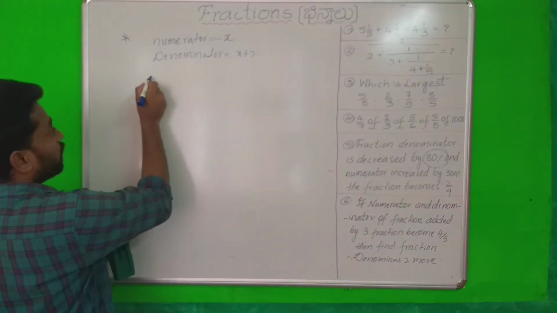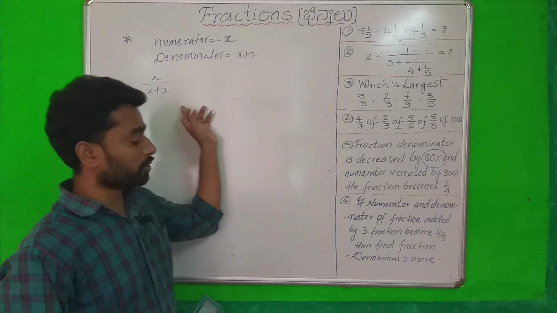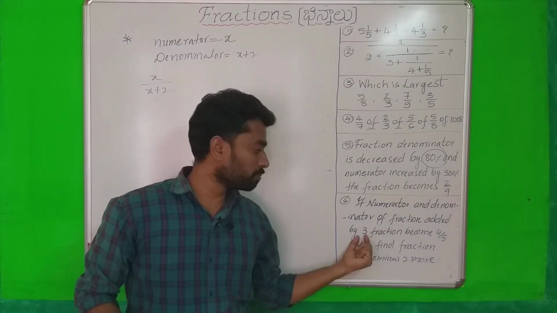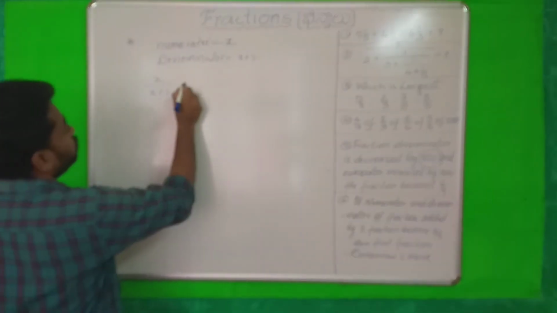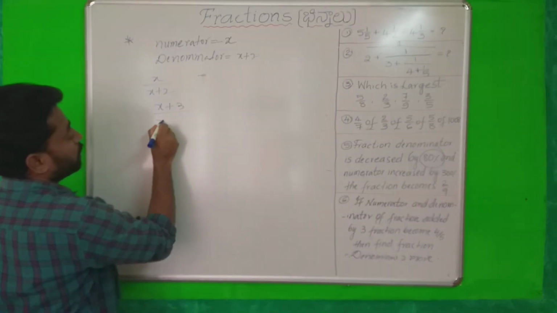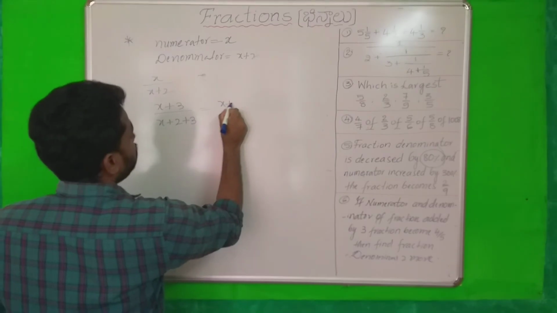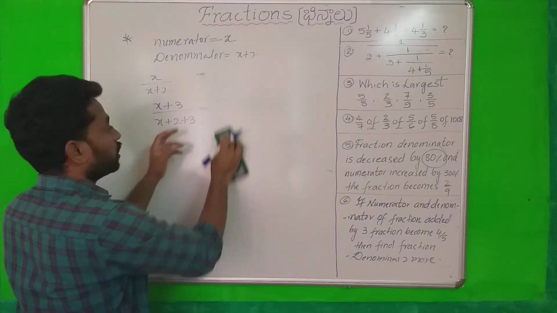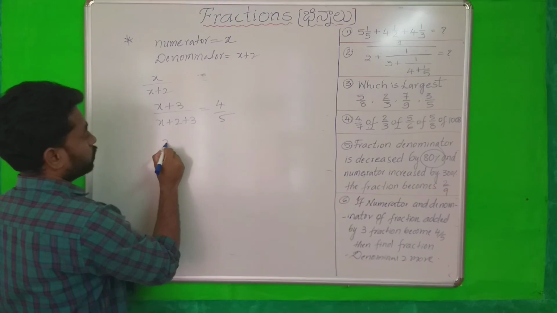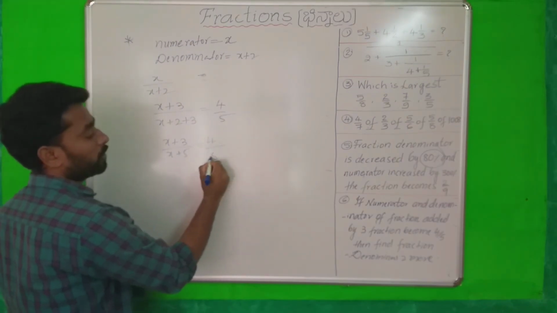Now what is the fraction? We can write x by x plus 2. Now the problem says the numerator and denominator are increased by 3, and the fraction becomes 4 by 5. Added by 3 means x plus 3 and x plus 2 plus 3, so x plus 3 by x plus 5 is equal to 4 by 5.